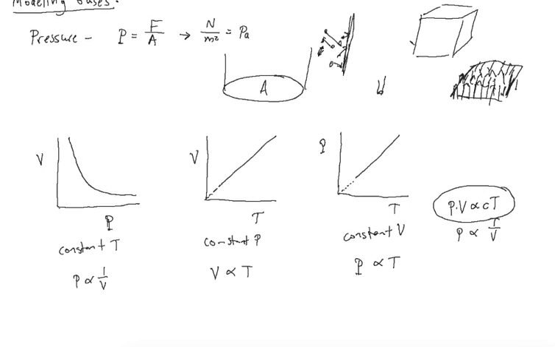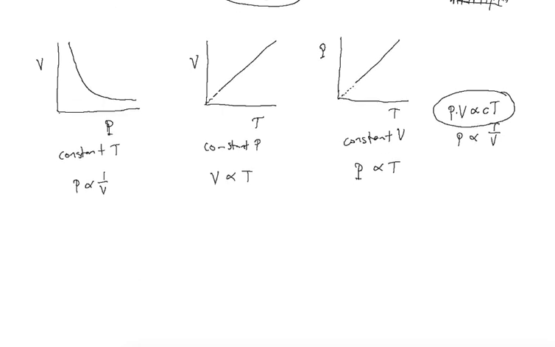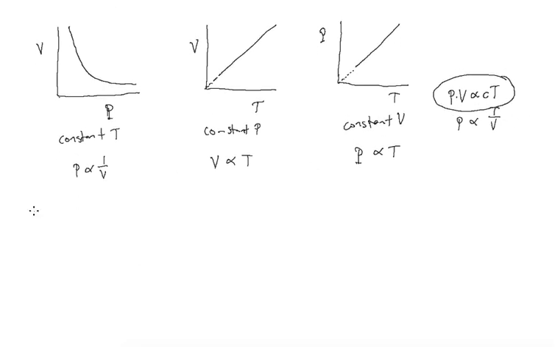When we put that constant here, we get something we call the ideal gas law. And we'll talk about what an ideal gas is in just a little bit. Basically, no real gas is going to fit the ideal gas law exactly. It's a perfect kind of situation, but most gases are very close to it.